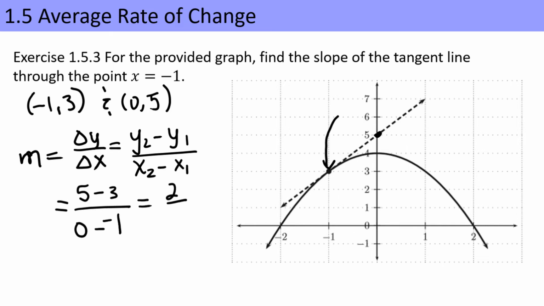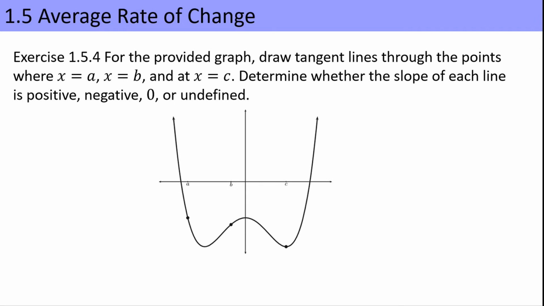So that'll be 2 over 1, or we get that the slope of the tangent line is 2. Example, for the graph provided, draw tangent lines through the points where x equals a, x equals b, and at x equals c. Determine whether the slope of each line is positive, negative, 0, or undefined.